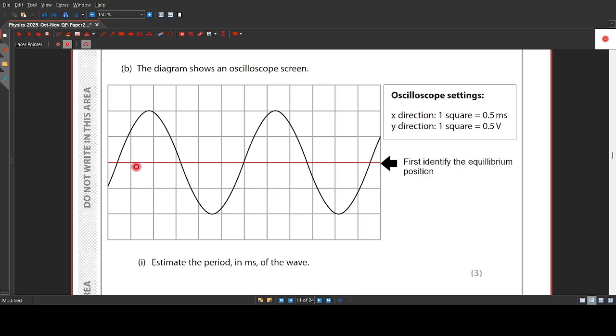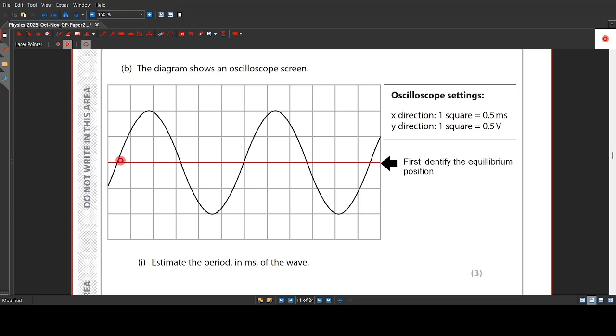Now, if you carefully look at this diagram, it's a bit difficult to identify how many boxes basically fit a complete wave. For example, if you consider this wave, which starts from this point and ends at this point, you know that there are about 1, 2, 3, 4, 5 complete divisions which fit this entire wave.